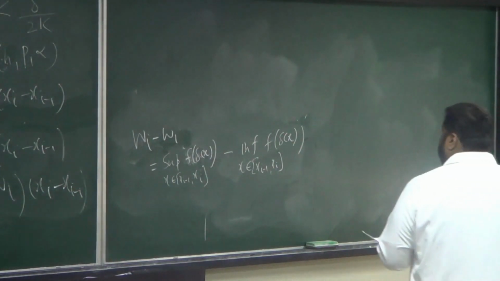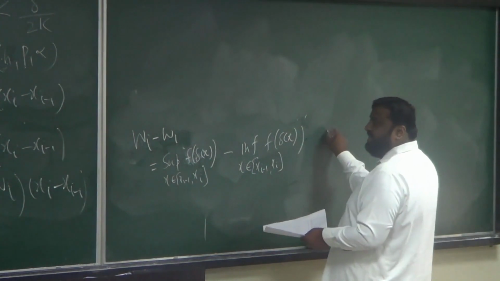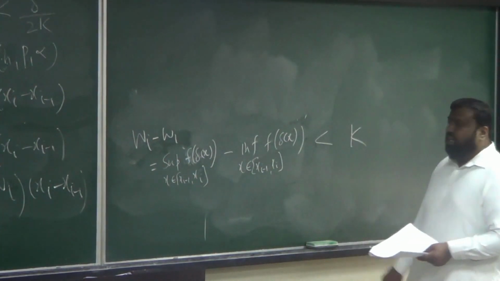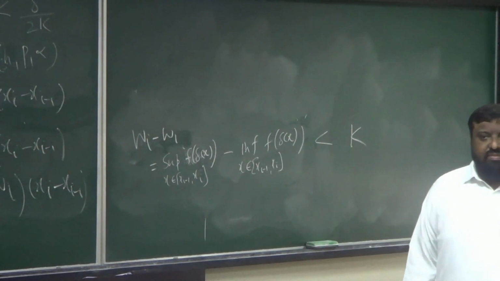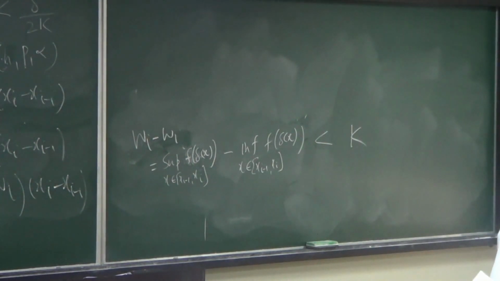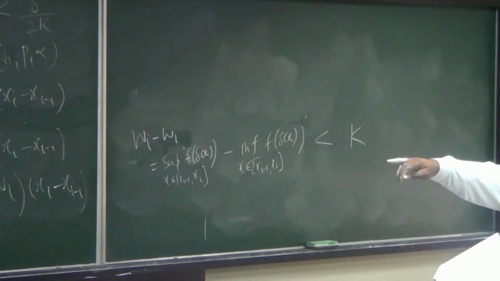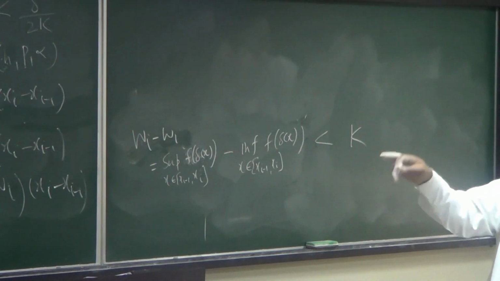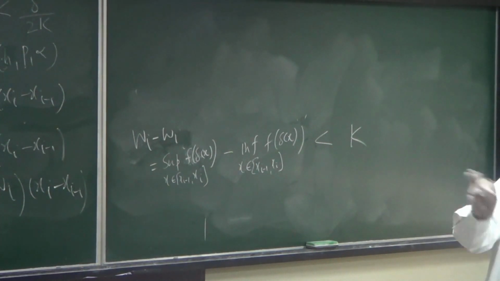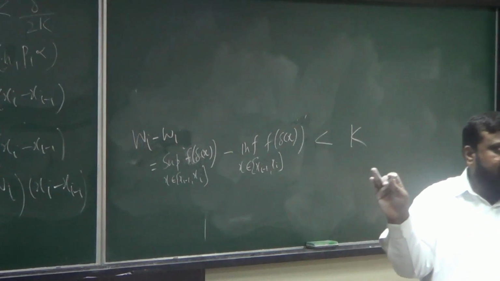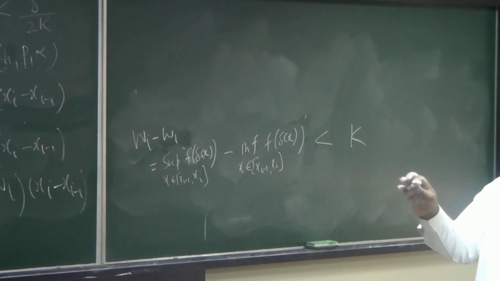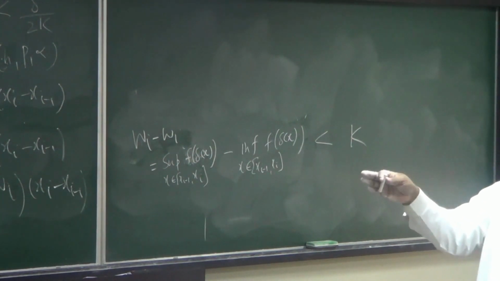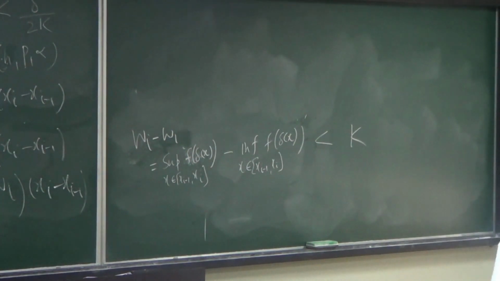So can we say that this is going to be smaller than K? Yes, because g of x is in C to D, and K is bigger than the supremum of f of x, whatever x could be. x could be any instant in C to D, and K is bigger than the difference of supremum and infimum.